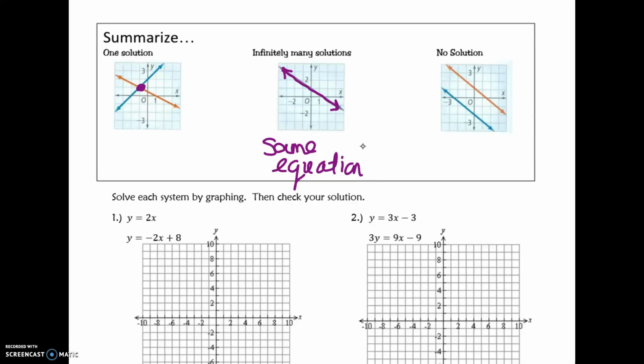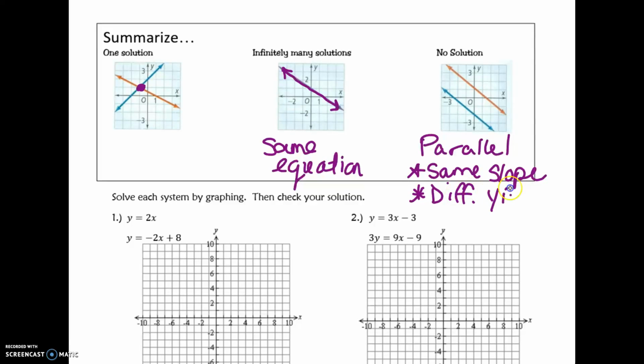The third situation we just talked about is when there's no solution, and this is when you have a set of parallel lines, and you have a set of parallel lines when the two lines have the same slope, but they have different y-intercepts.